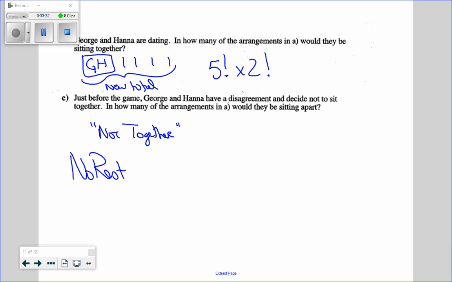Well, there was 6 people, so 6, 5, 4, 3, 2, 1. Because remember, that's your total bucket. And then within that bucket, some of them, George and Hannah, were sitting together. Things were happy. So we have to minus off George and Hannah being together. So that is what we did up here.